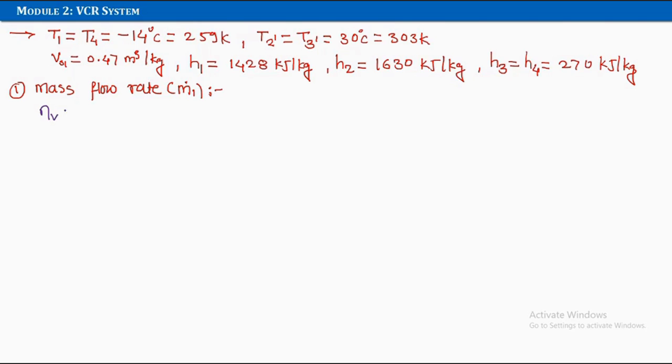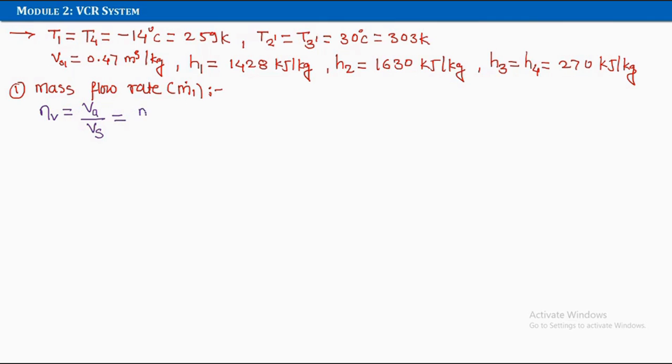Volumetric efficiency equals VA upon Vs: actual volume divided by swept volume. Actual volume taken by the compressor divided by the swept volume, that is nothing but the volumetric efficiency. How do we write the actual volume?